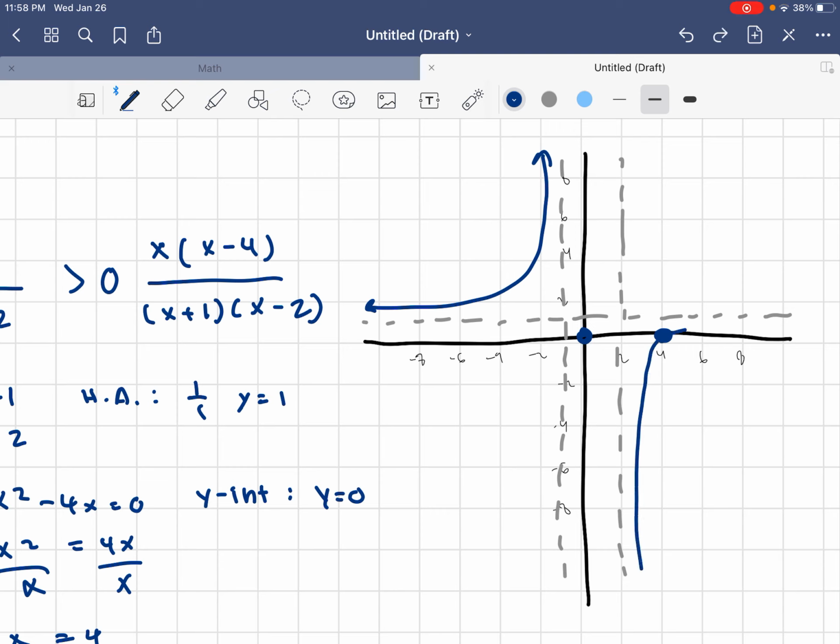It has to cross that point. Now for this one, it can't go up because our asymptotes are never included in the solution. And if it crosses it, then that means that it's a part of our solution. So it has to go down.